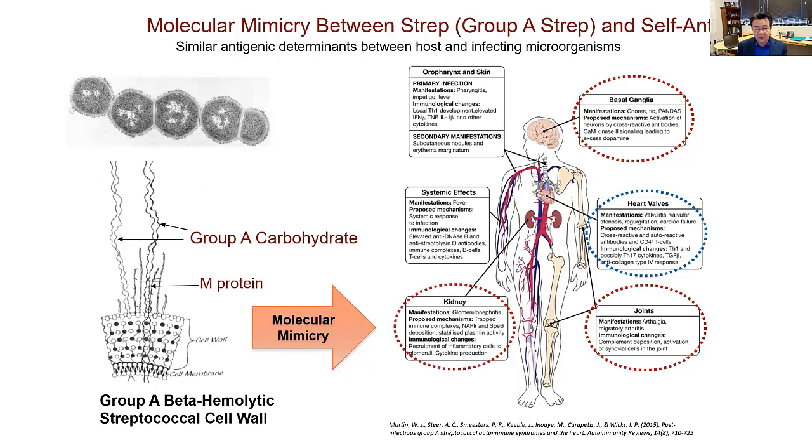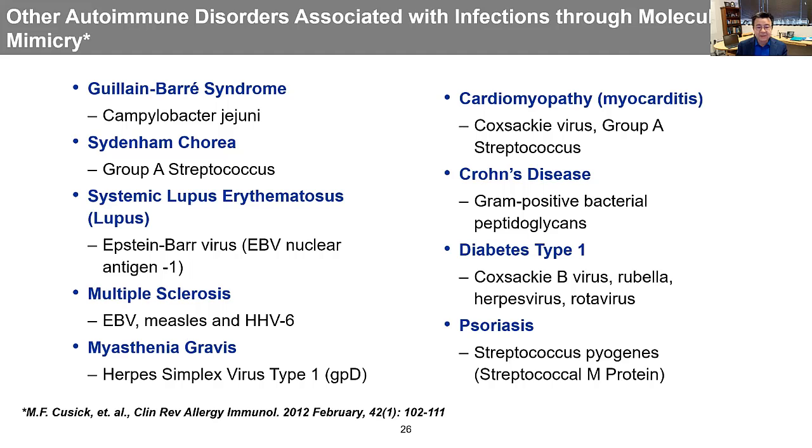So you can see these chronic disorders that are being triggered through an infection that the immune system is actually cross-reacting with other parts of our body. This is not new and not unique to neuropsychiatric disorders, but in fact, it's been published and shown for many other disorders, like Guillain-Barré syndrome due to an infection with Campylobacter jejuni, and I mentioned Sydenham chorea with group A strep.